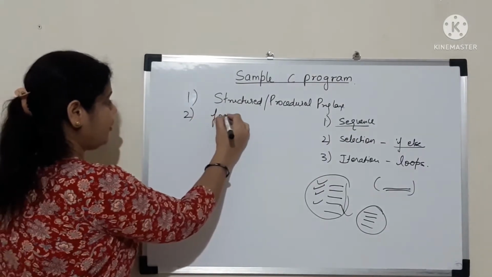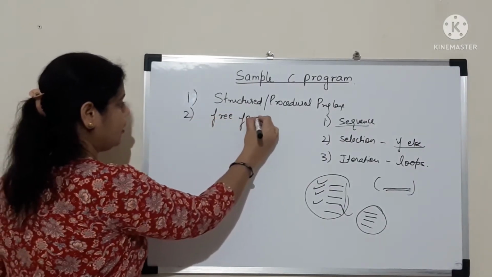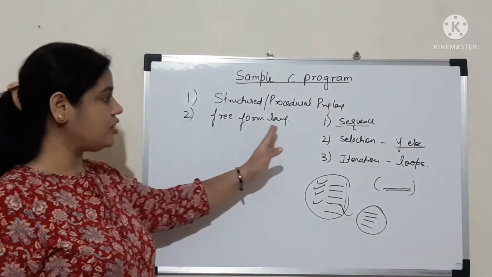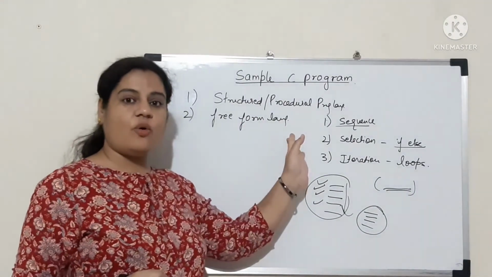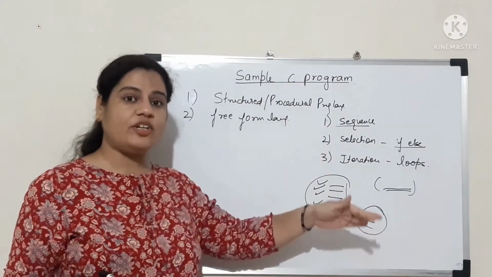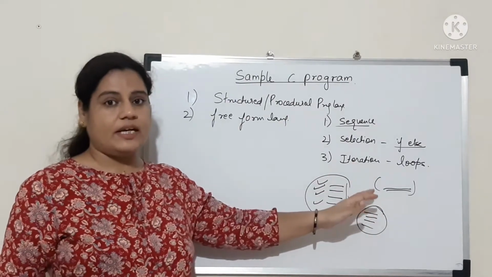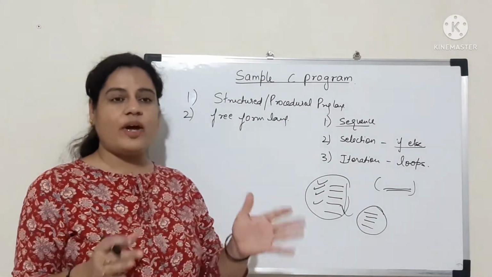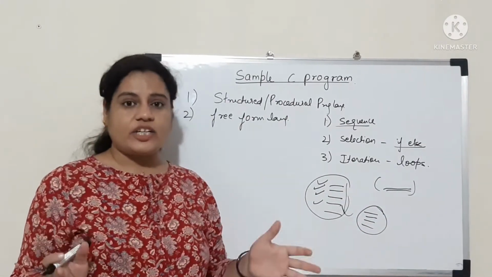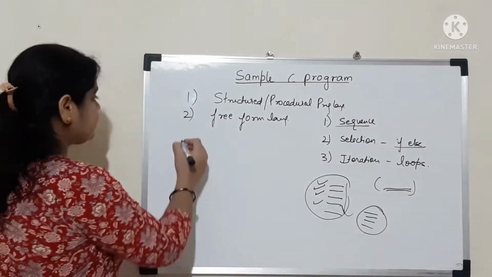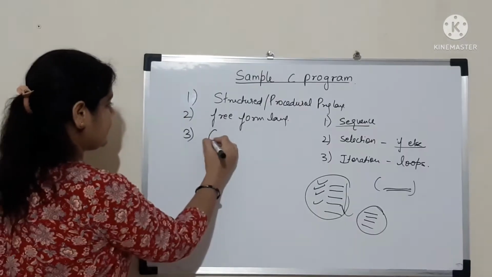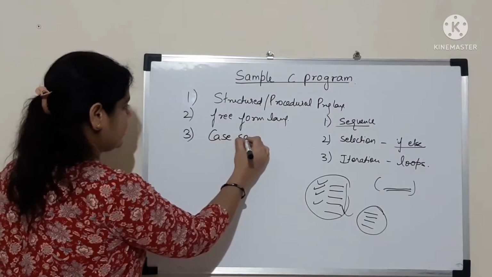Second is it's a free form language. Free form language means you can write your whole program even in a single line or multiple lines, whatever. There is no predefined structure to write that. Next is case sensitive language.